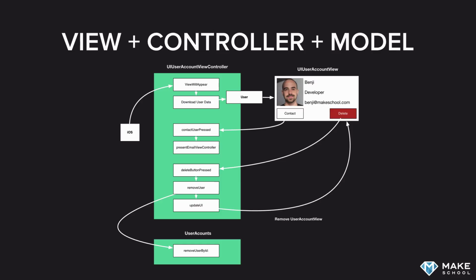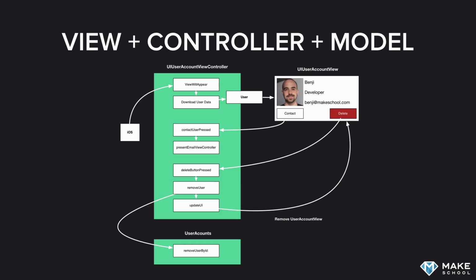In this app, for example, we have a part that is responsible for handling users and storing all the users that live in our application. This class is called user accounts. We call remove user by ID on that user accounts class to actually remove the user from the database. After this is complete, the view controller updates the UI by removing this user account view.